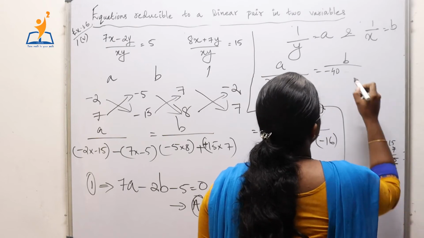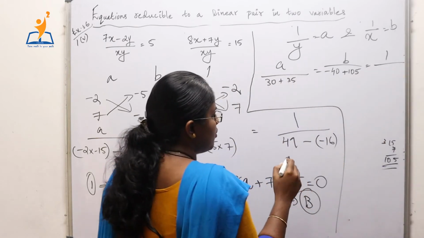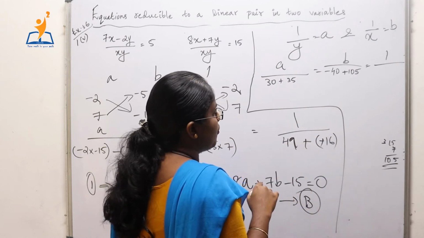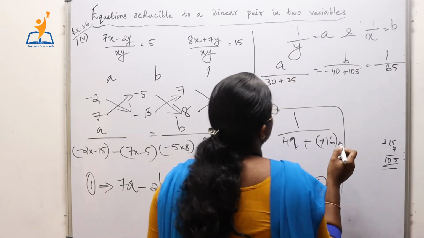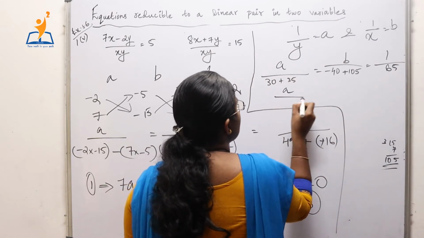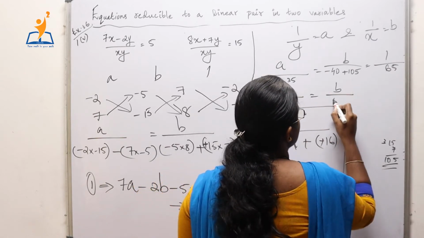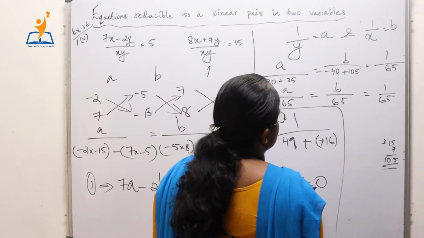Plus 105, which is equal to 1 by 49 minus 16, so 49 plus 16 is again 65. So we got that a by 30 plus 35 is 65, equal to b by minus 40 plus 105 is again 65, is equal to 1 by 65.